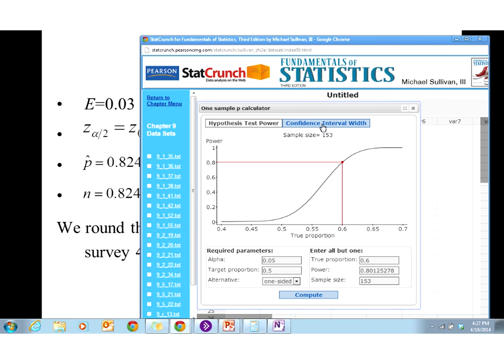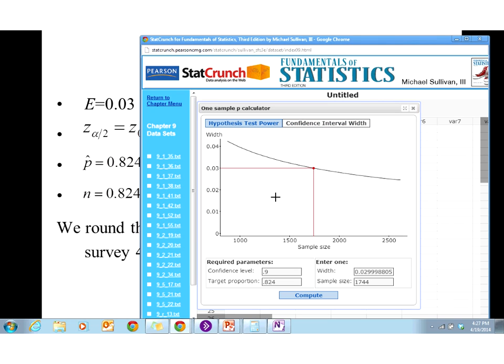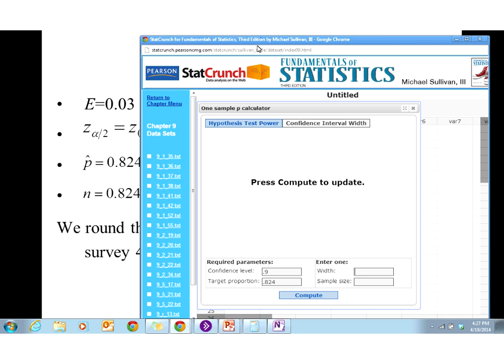So I don't know why it's not working now because I have been playing with this. And I was getting it to work. The required parameter for confidence level 0.9, 0.824 for p hat. The width, I remember now.